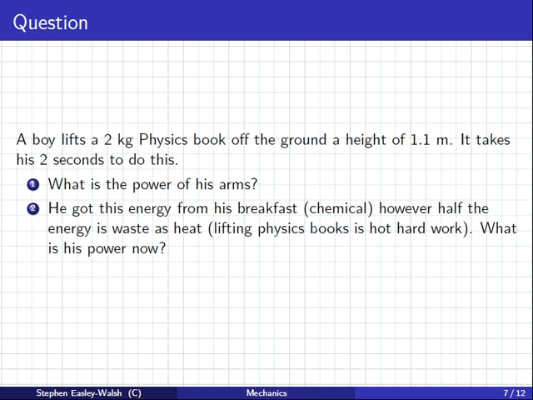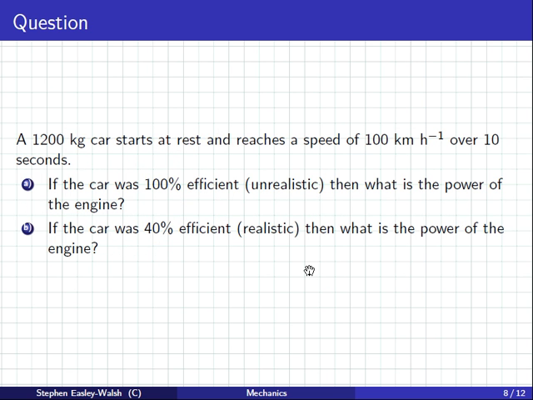Okay? Continue? Well, look, let's have a look at another one. A 1,200 kilogram car starts at rest and reaches a speed of 100 kilometers an hour in 10 seconds. If the car was 100% efficient, then what is the power? Okay, so before we start, what's the formula for power? Work over time.